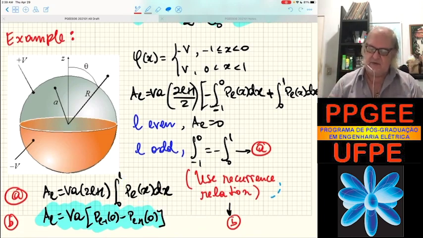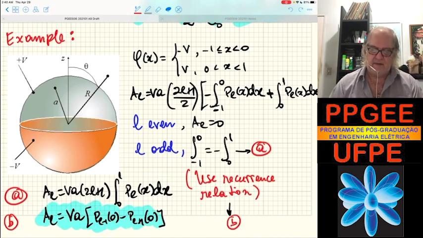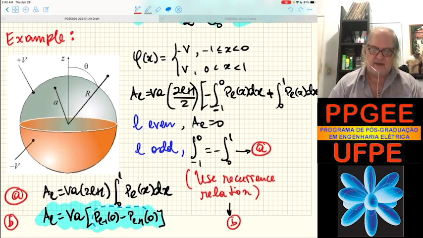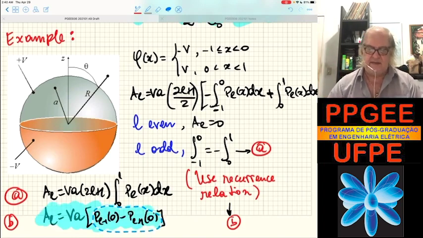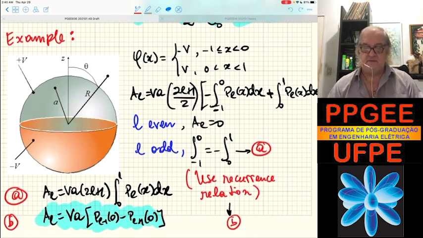Use the recurrence relation to calculate this type of integral here. When you do that calculation, you're going to have to calculate PL minus 1 of 0 and PL plus 1 of 0.